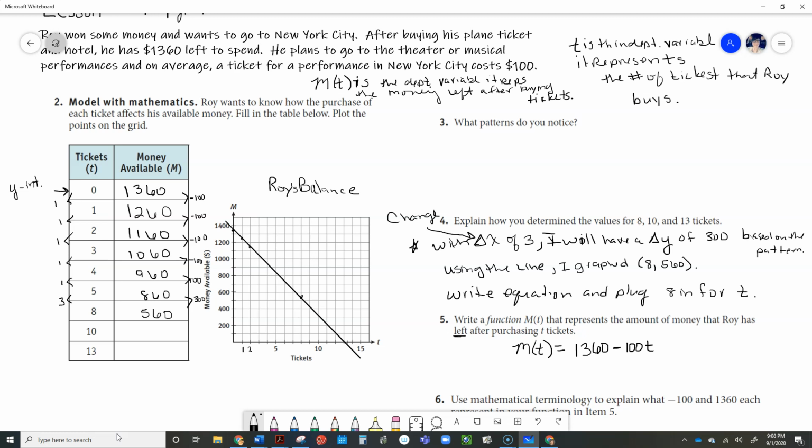And then if you say 1360 minus 800, because 100 times 8 is 800, you get 560. So m of 8 is equal to 1360 minus 800, which is 560. So there's 3 different ways right there you could have done it.